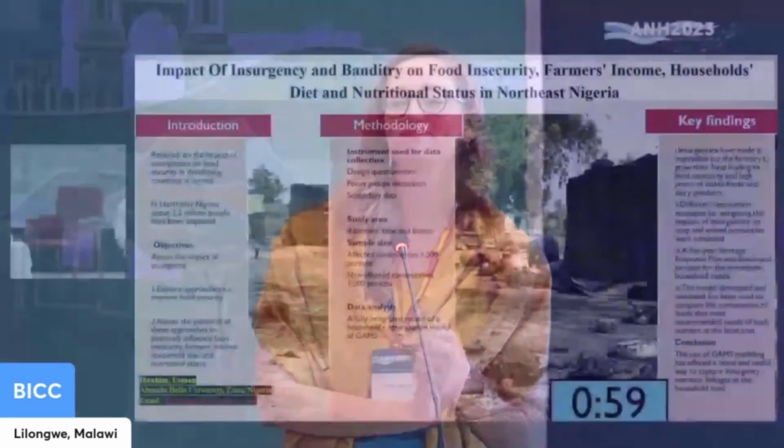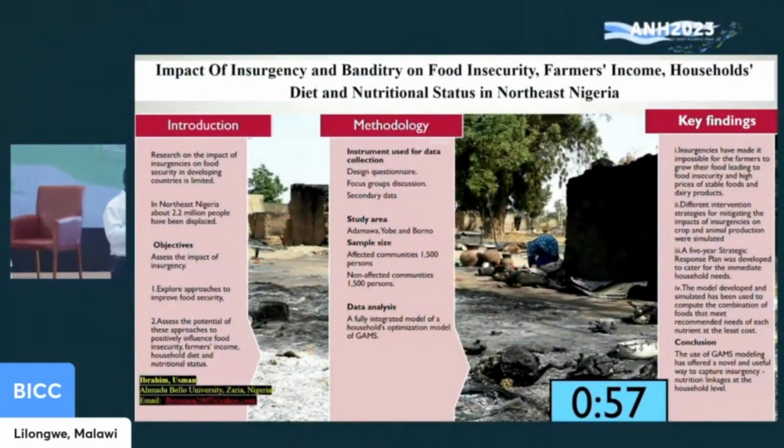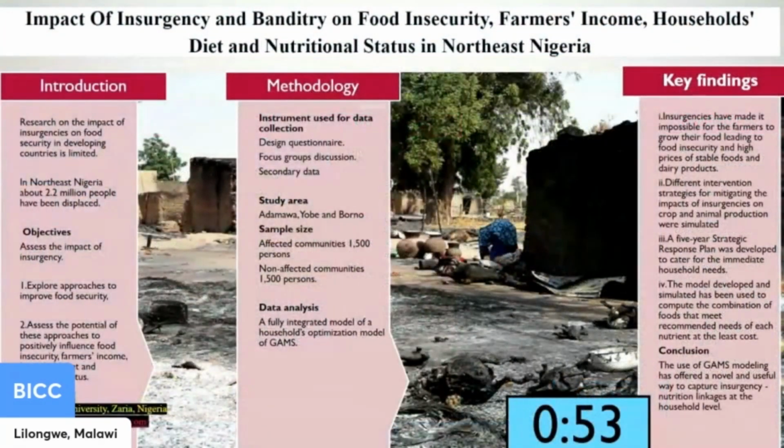It's not news in Nigeria that we are facing a lot of problems from banditry and insurgency. Most people are moving to the IDP camps, and we are trying to look at how we can help the people in IDP camps to have a source of income and also to develop a nutritional program that caters for all categories of people.